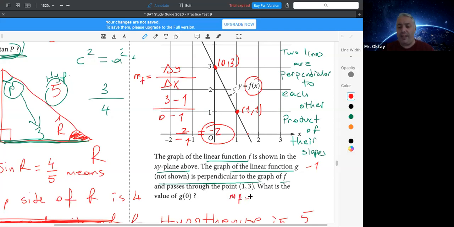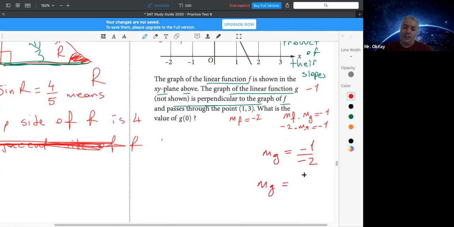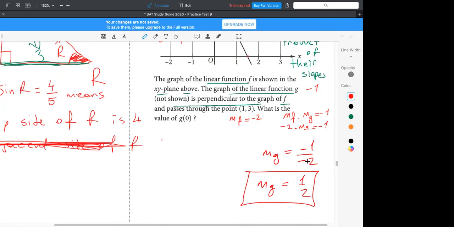Now, what about the slope of g? Slope of f times slope of g must be equal to -1. So if this is -2, what will be the slope of g? Slope of g will be -1 over -2. So slope of g is 1 over 2. Any question for this? No, sir.